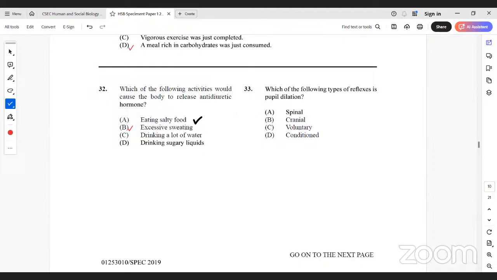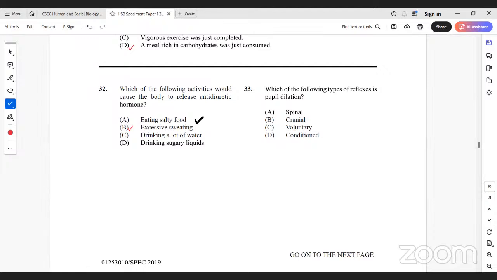Eating salty foods means you need to keep your water inside of you. Excessive sweating means you are losing water. I hope persons are seeing that. There's a difference. Eating salty foods means you don't produce urine.